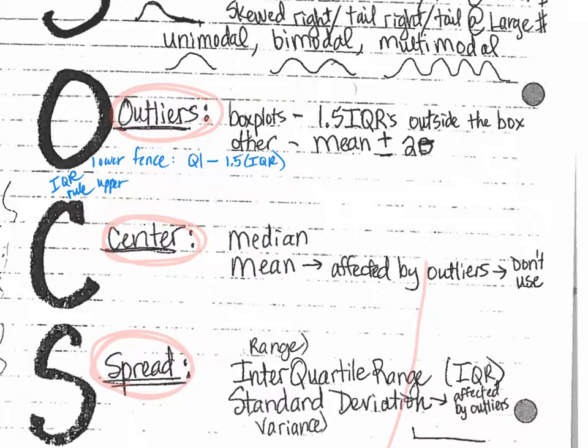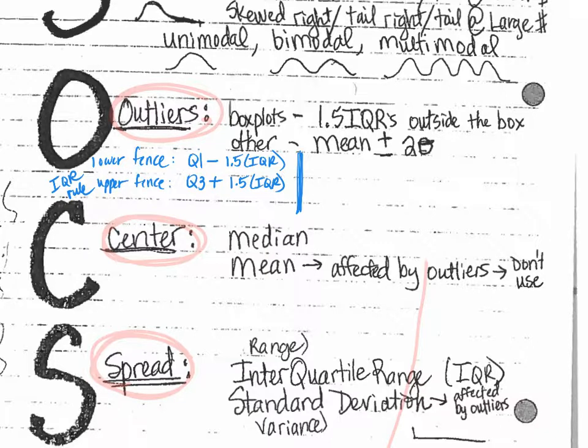And the upper outlier fence is Q3 plus 1.5 IQRs. So that is what you would do if you were using IQRs and medians.